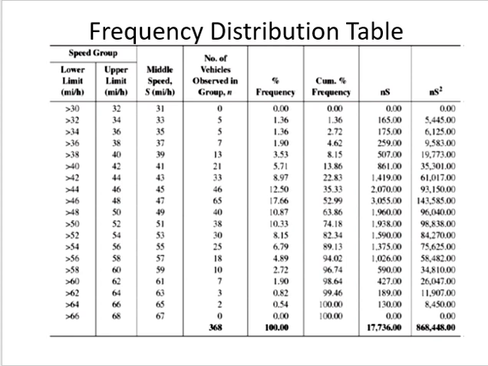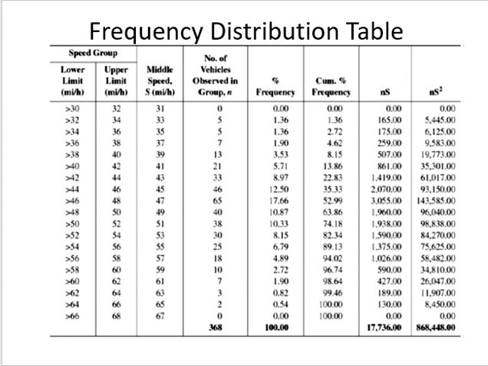Where to use these columns? Now we will talk about that. But you understand what we have done with the table. The first two columns, we set them. According to the first two columns, the middle speed will come. The fourth column, observation from the field, I did not do anything with it.